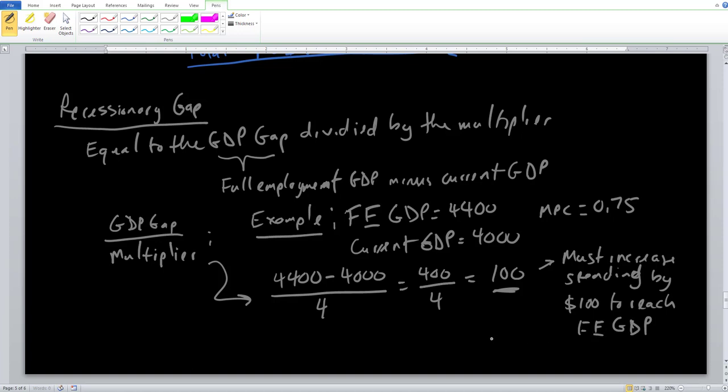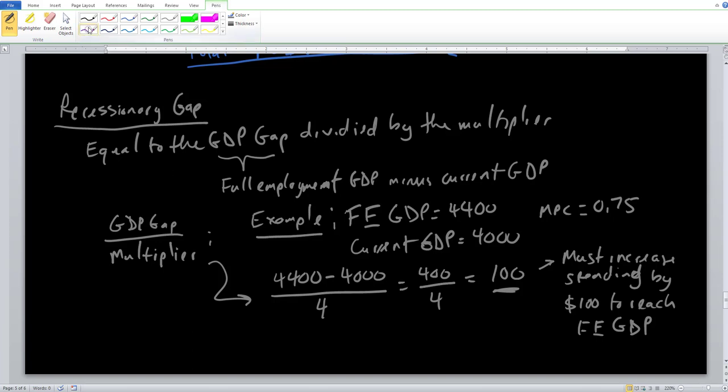This is exactly the interpretation that we have with the recessionary gap. And this increase in spending can come from any one of our components of aggregate expenditures: government spending, consumption, investment, net exports. It doesn't really matter as long as we have an increase of $100. And this can exactly help push us out of the recession.